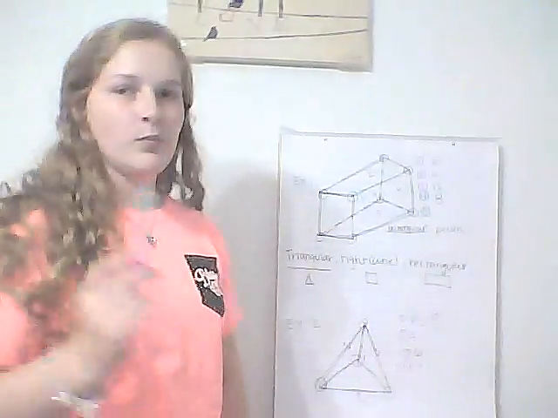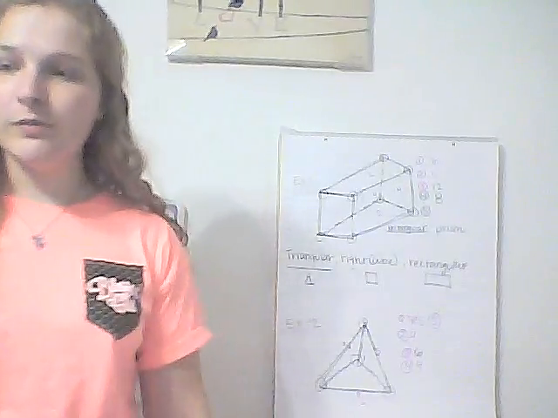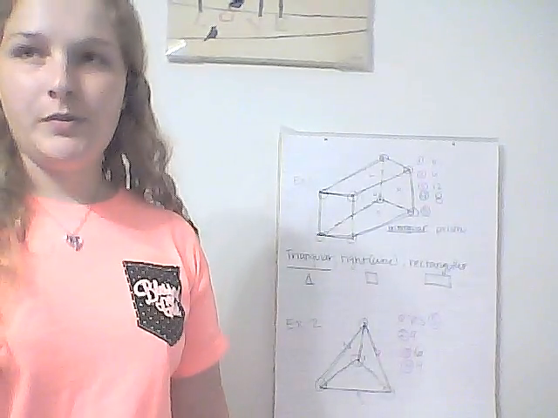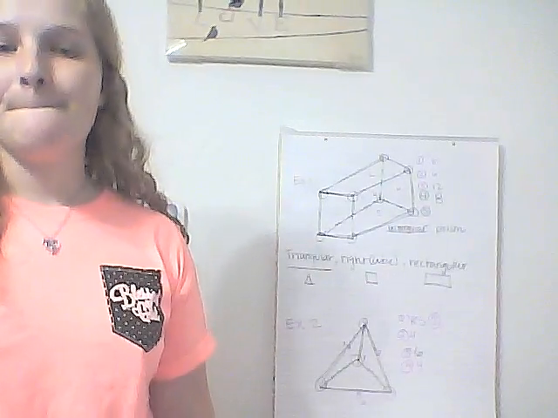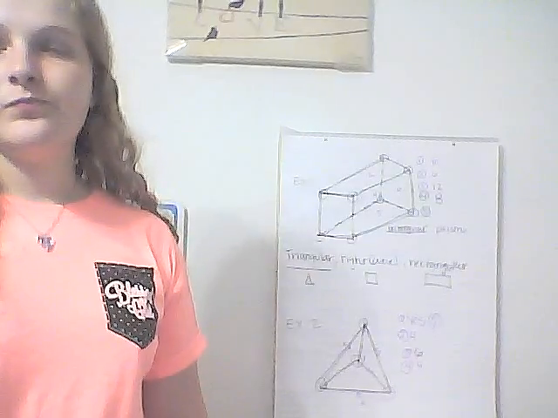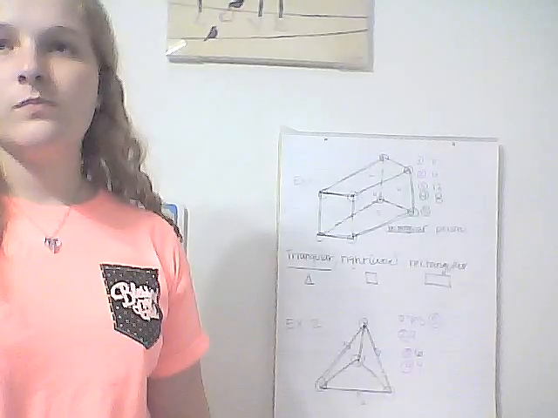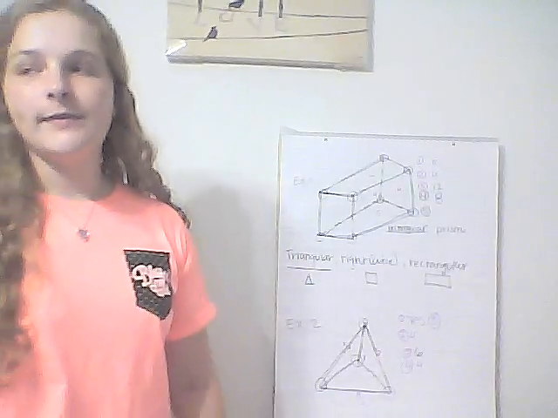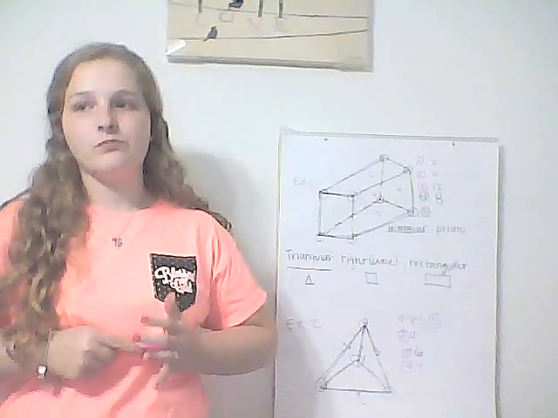So, prism or pyramid? Remember, go back to your vocabulary sheet, reference that. It will help you figure it out. Give you a couple minutes to think. Raise your hand when you have the answer.